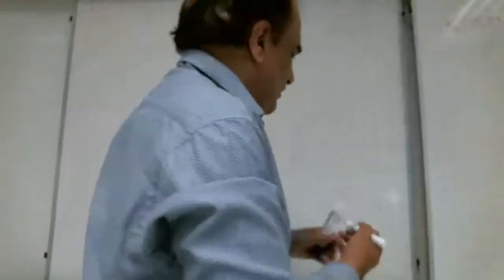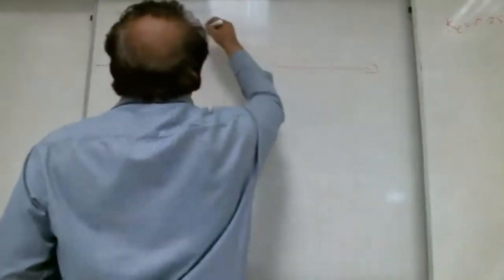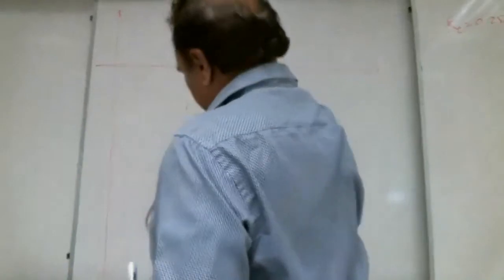And error is given like this. Actually, error is not given. PV is given. What is given, Shabab? PV.